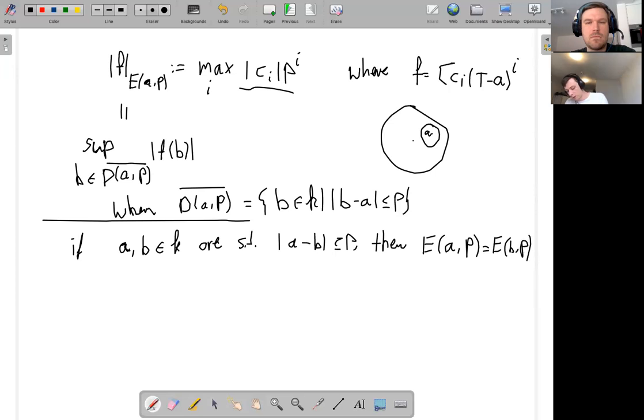This is something typical of the non-Archimedean world. And also the norms, as suggested by this notation already, are also the same.